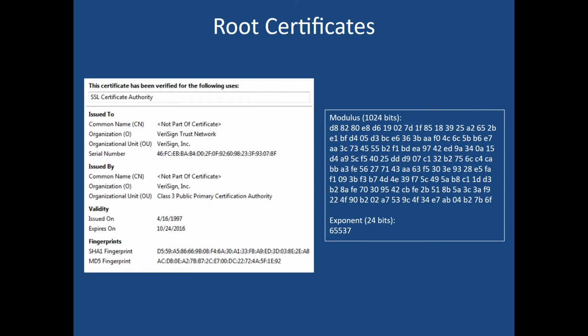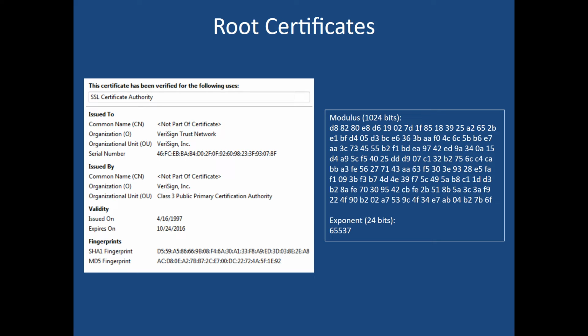Oh, I guess I do have one more slide. This is just an example certificate. I went to my browser at some point. It's been a while because this certificate expired in 2016. But you can go into your browser and look at your root certificates. So this one is VeriSign's root certificate. There's a serial number. Down here are some hashes.